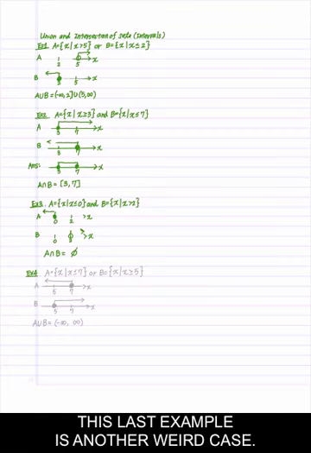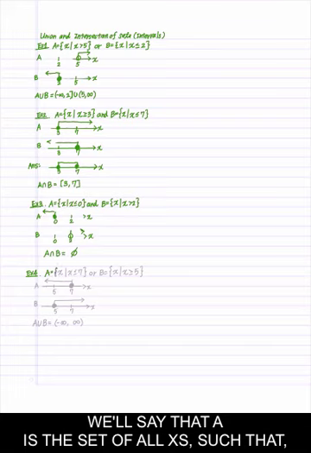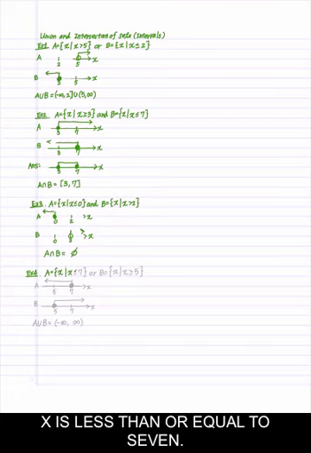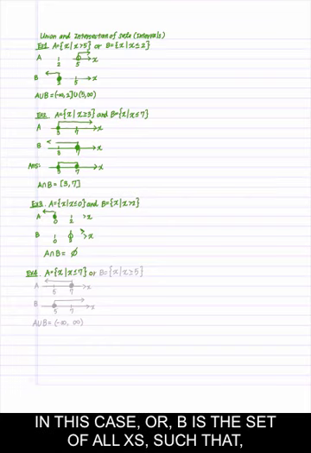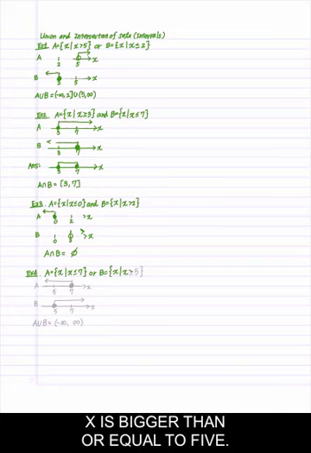This last example is another weird case. We'll say that A is the set of all x's such that x is less than or equal to 7. In this case, OR, B is the set of all x's such that x is bigger than or equal to 5.